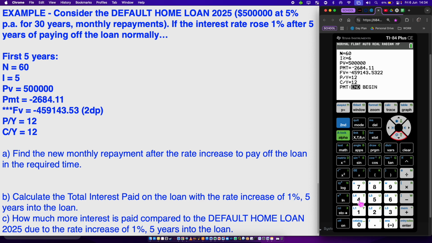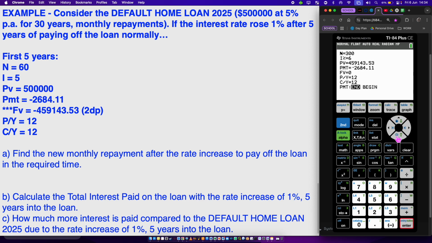So I'm starting the rest of this loan at 459,143.53. What do I want to owe the bank at the end of the loan term? 0. And how many years have I already used up in my loan? 5. How many years do I have left to pay it off? 25. So you've got 25 years times 12.